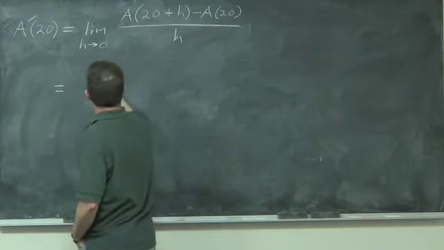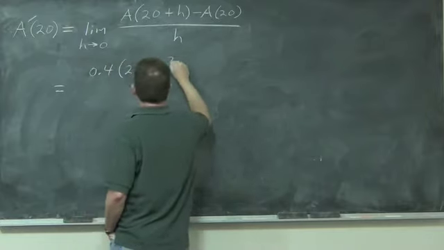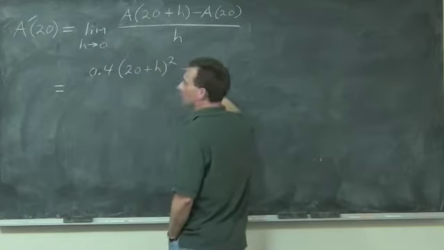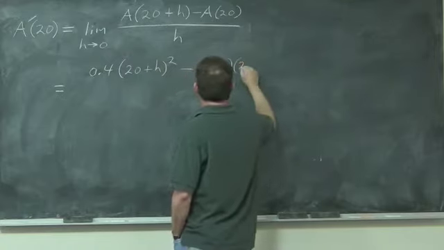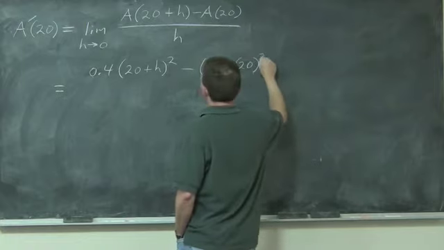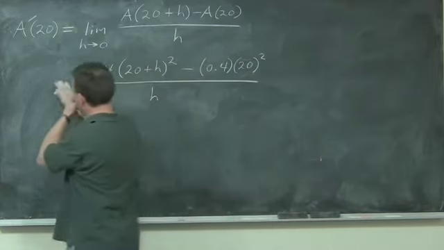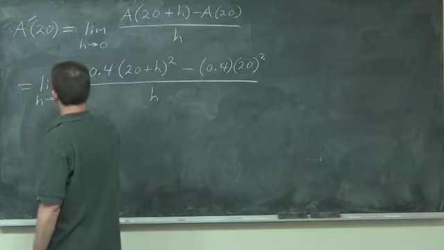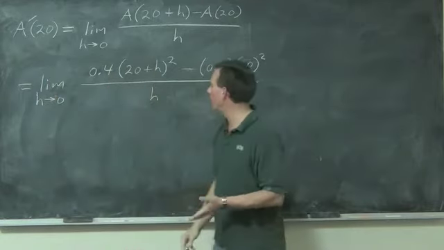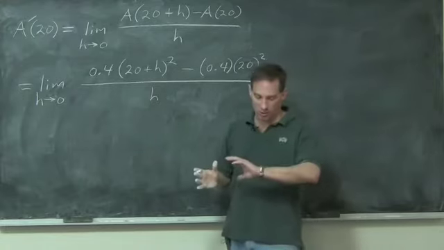Well, that's 0.4 times 20 plus h squared minus 0.4 times 20 squared, all divided by h. Oh, and we want to take whatever this limit process means. I shouldn't stop writing that. Okay, we're assuming h is not 0.